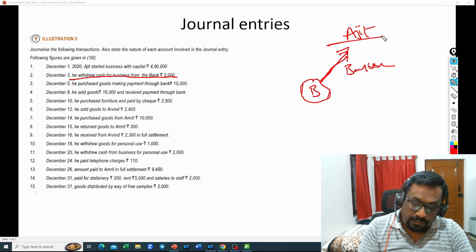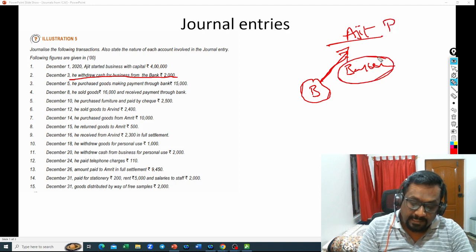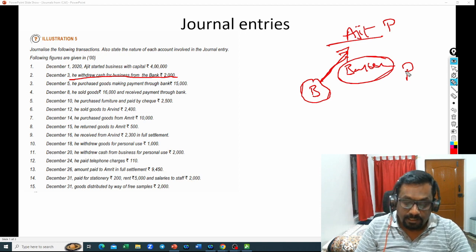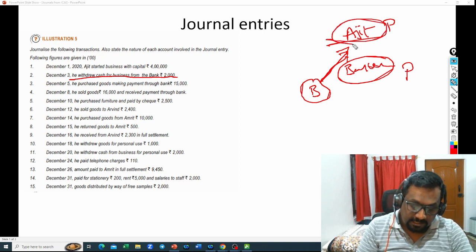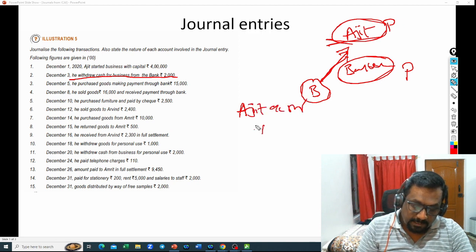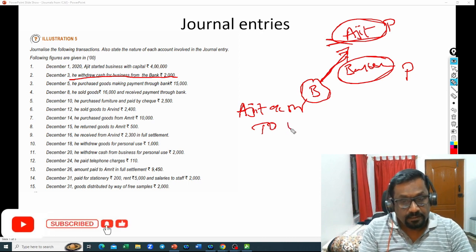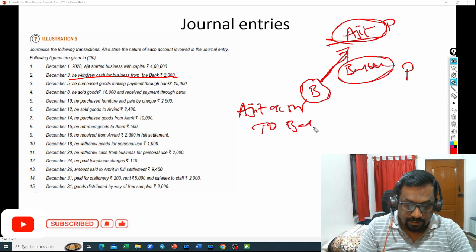Ajit comes under personal account. Bank comes under personal account. What is the principle? Debit the receiver, credit the giver. Who is receiving here? Ajit. So we debit Ajit's account, and the banker is a personal account, he is giving, credit the giver. So you need to credit bank account.